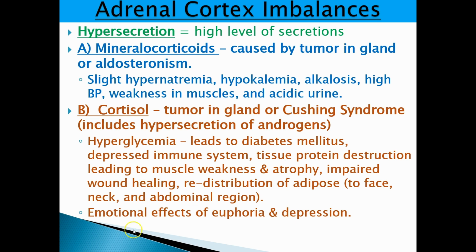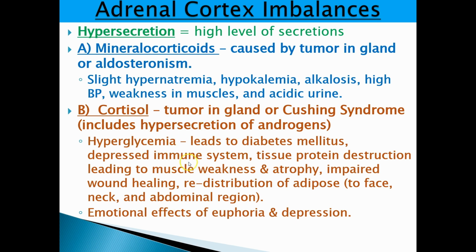Also with this, there can be emotional effects, all the way from euphoria to depression, so large swings, because again, this is steroid balance. And steroids, this is why doctors don't typically want to prescribe steroid anti-inflammatory drugs, because we have to keep our body in balance.